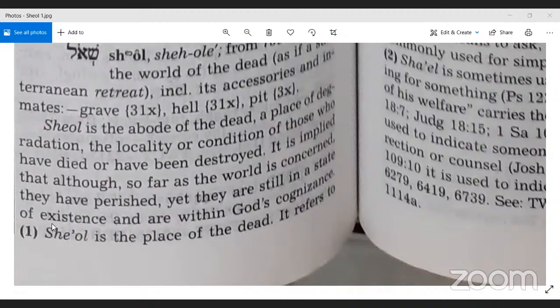I get this Sheol, hell, place of existence, abode of the dead, but regardless of where it is, the consciousness that we speak of always has been and always will be. Therefore, that's why I say that we live forever, consciously.